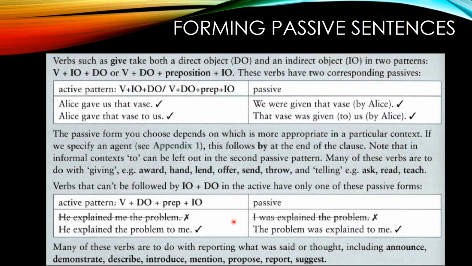The only correct variant is he explained the problem to me, and the problem was explained to me in the passive. Many of these words deal with reporting, so they include such verbs as announce, demonstrate, describe, introduce, mention, propose, report, and suggest.